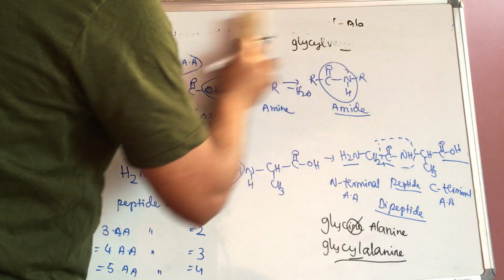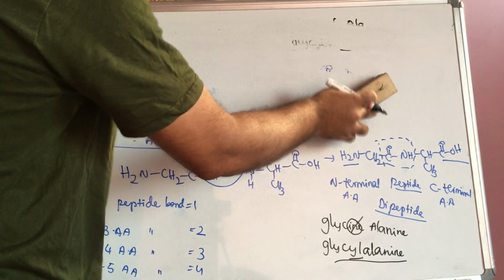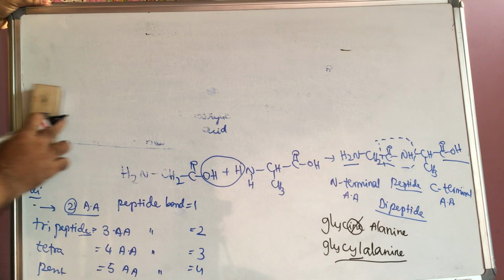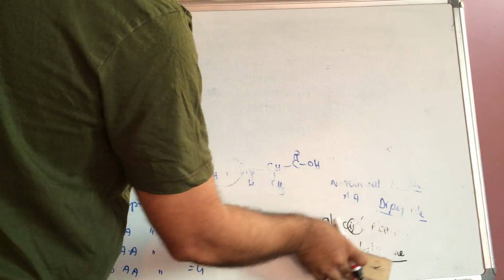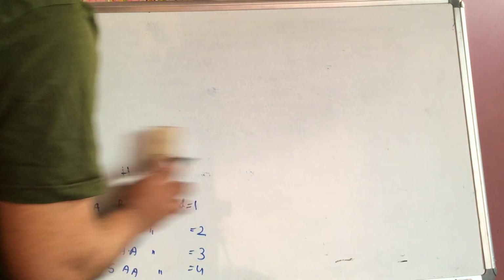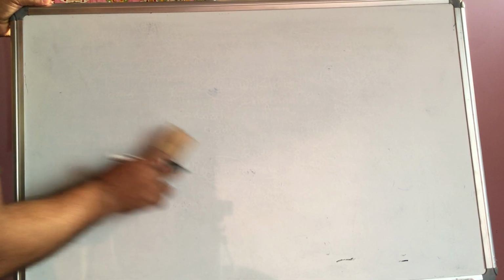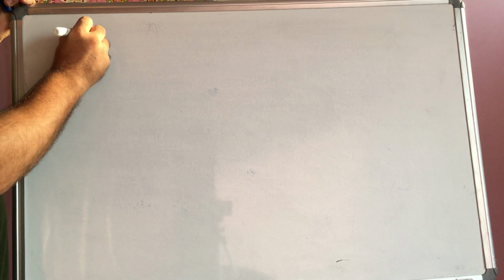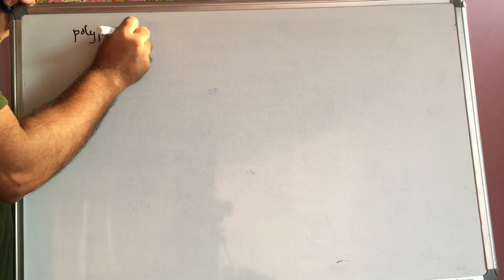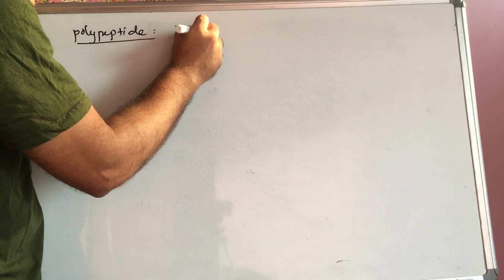So up to hexapeptide, like this we studied. More than 10 amino acids is called polypeptide. A peptide linkage with 10 or more than 10 amino acids is called polypeptide. Those polypeptides have molecular weight of nearly 10,000 unified mass. So polypeptide means it has greater than 10 amino acids.